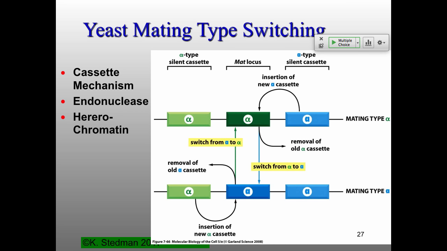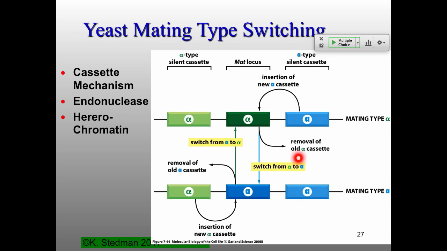Turns out that this is a really nice example of basically homologous recombination and repair of double-stranded breaks. Here, where does that double-stranded break come from? It comes from an endonuclease. So an endonuclease will literally cut in this locus, and then it will get repaired.